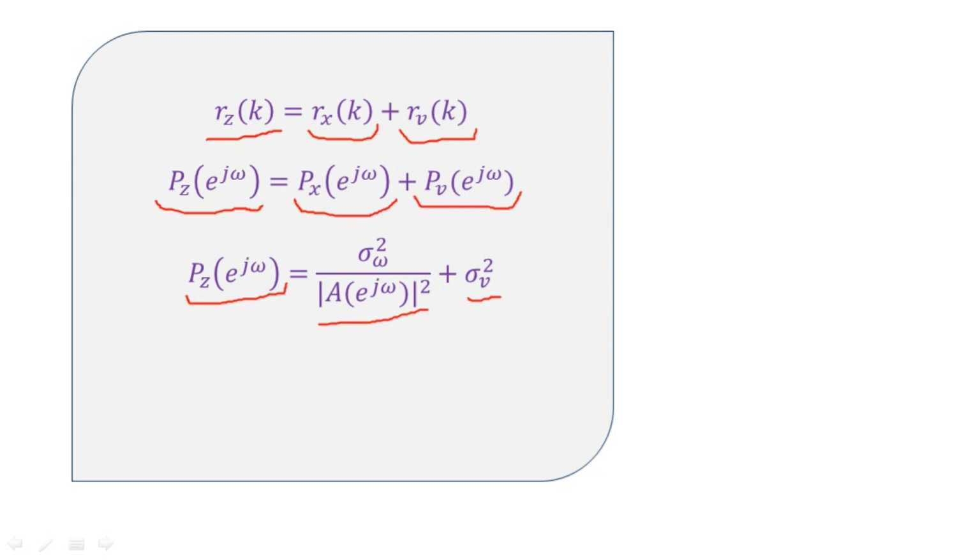Further, we simplify this representation of the power spectral density for z of n. In the numerator, we express sigma suffix w square added to sigma suffix v square multiplied by the mod square of A as a function of e to the power j omega. This complete addition is divided by the mod square of A as a function of e to the power j omega. So this completes the solution of part B that was required.